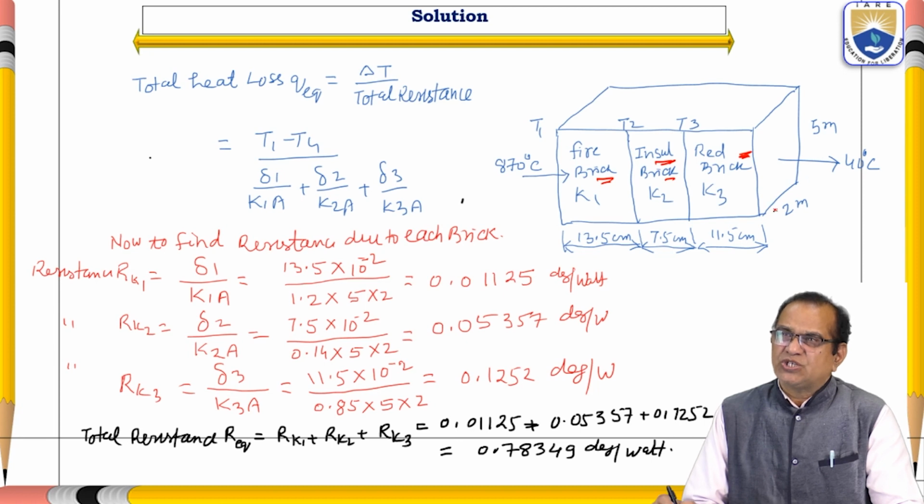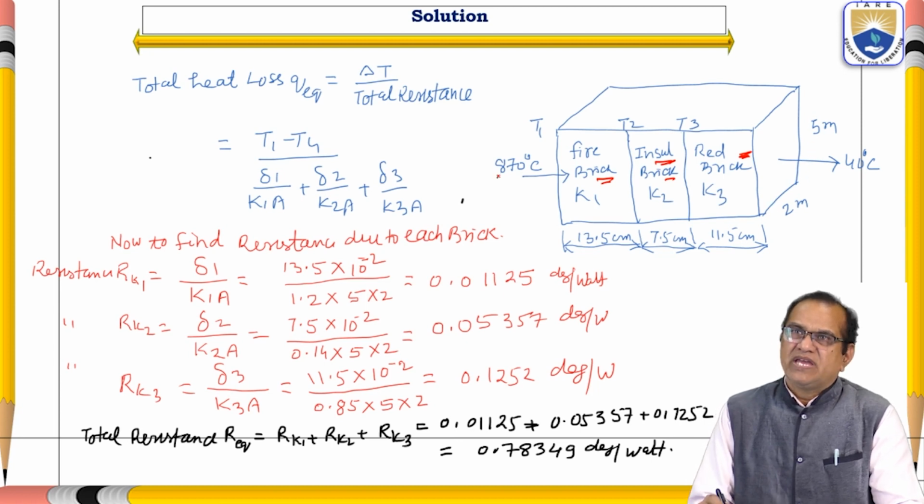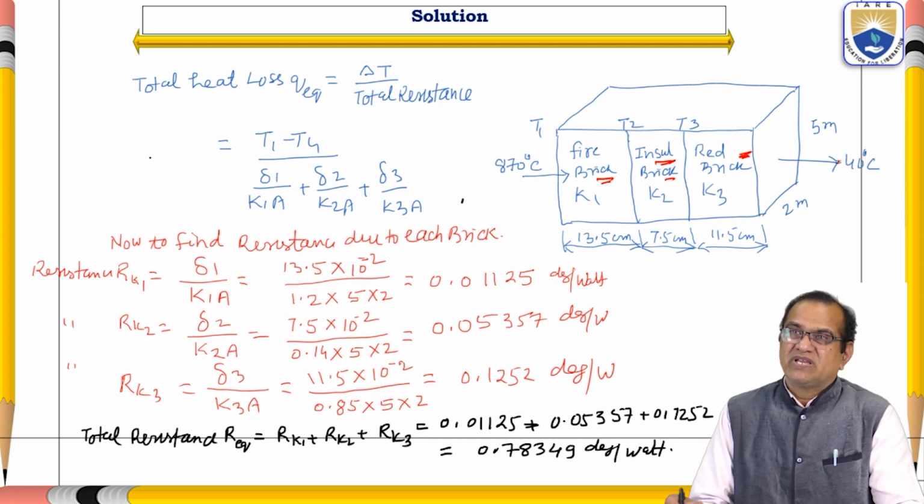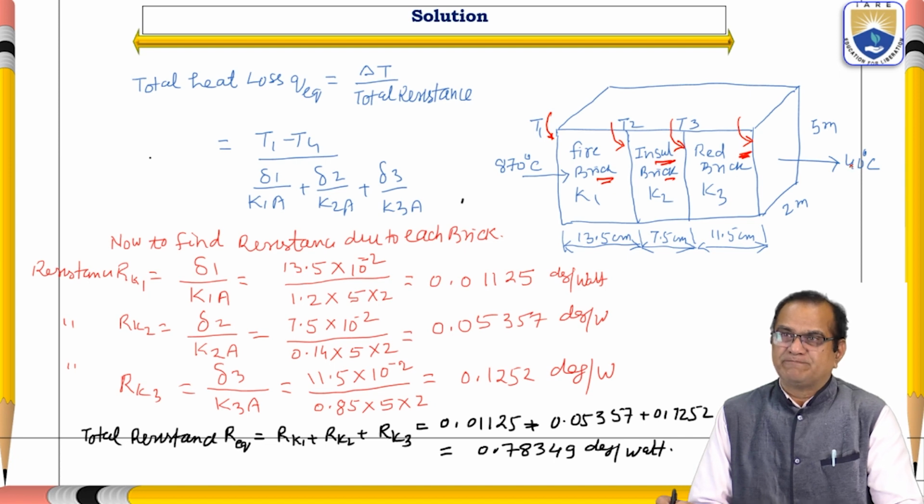Area of cross section is 2 meter by 5 meter. Here it is 870 degrees centigrade, and here it is leaving at 40 degrees centigrade. The surfaces are T1, T2, T3, and T4, which is 40 degrees centigrade.